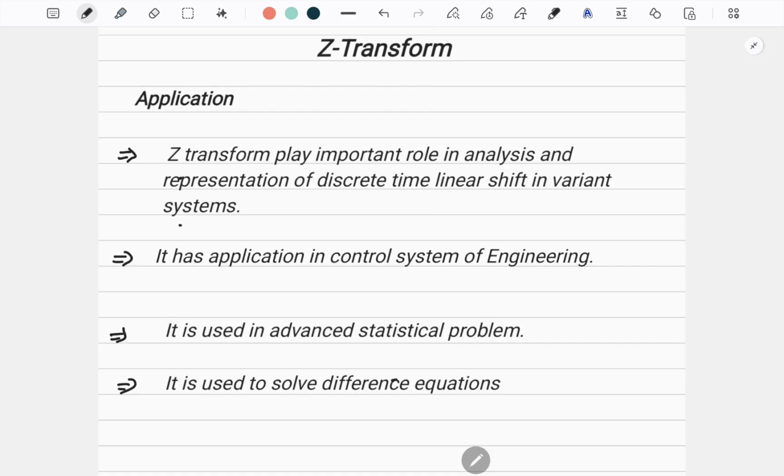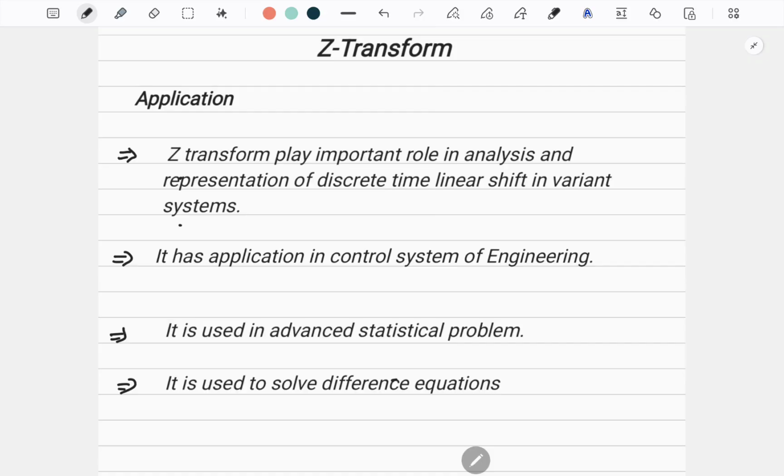If I say the weight of one person is 5, the weight of another person is 10, the weight of a third person is 15, this is a discrete distribution. If I say the weight of all the students lies between 30 and 50 kg, continuous. So this is what discrete and continuous mean. So Z transform is more involved in the discrete time linear shift.